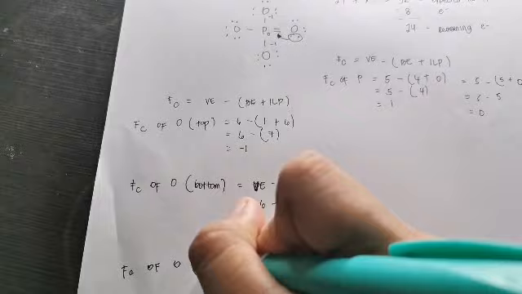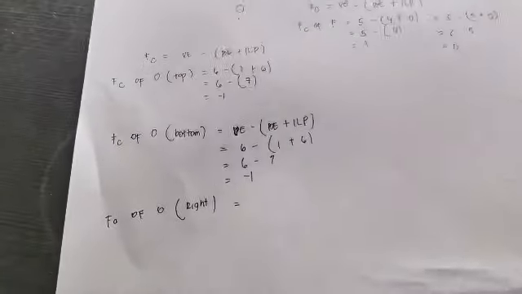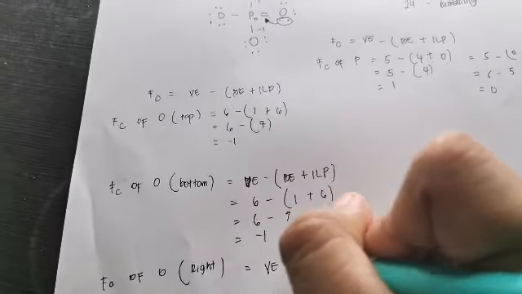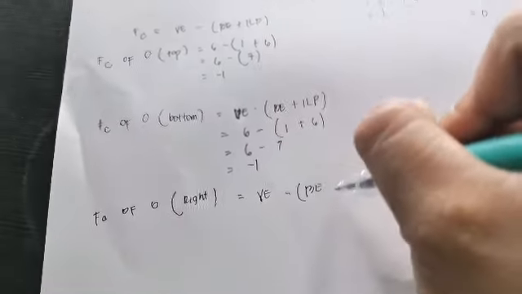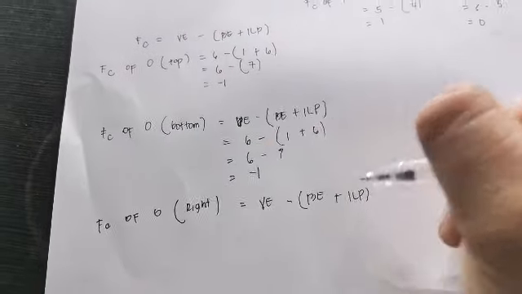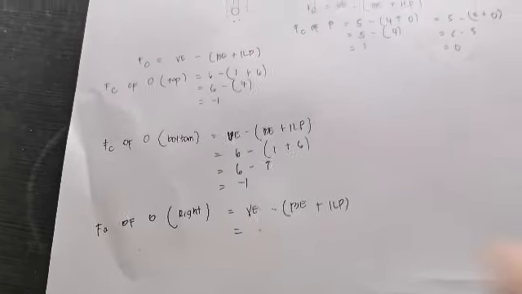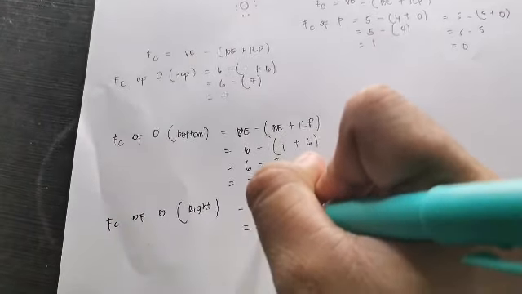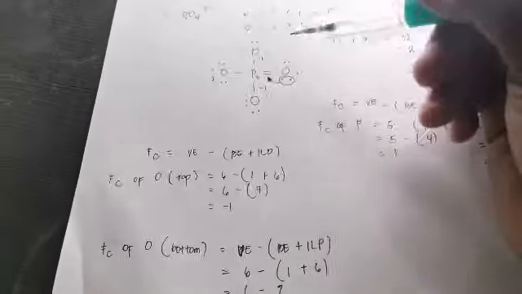You have the right. Okay. So the same valence electron minus the bonded electrons plus the individual lone pair. So again, what's the valence electron of oxygen? You have 6.